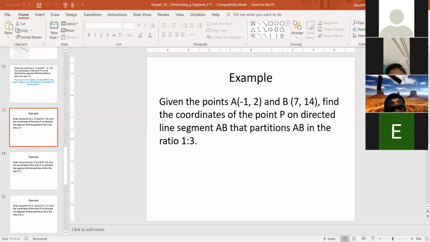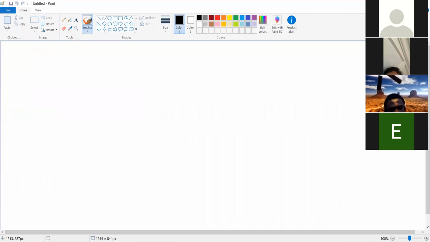Well, I'm going to open up a new program, Paint, and we're going to do it in there. So let me see. I should be able to see this now. I'm going to pick black, and we're just going to draw this.